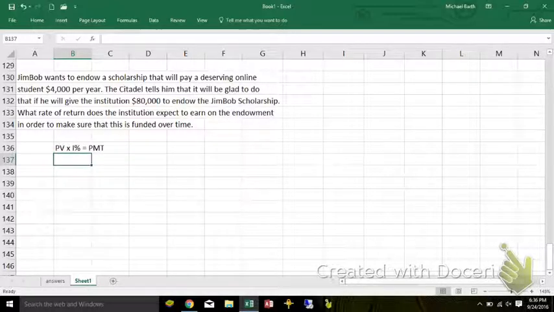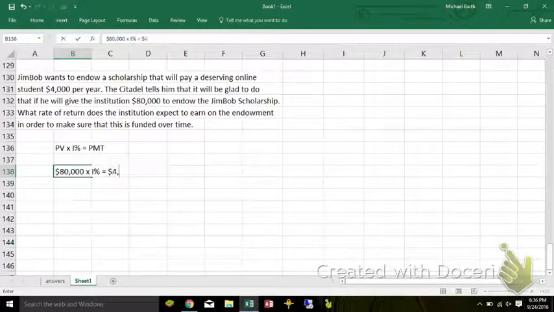So this is a perpetuity formula, and to figure out the rate of return here, we're saying that the institution is going to take the $80,000 times some interest rate and use that to guarantee payments of $4,000 a year. Okay, well that's pretty simple. If I divide both sides by 80,000, then the interest rate would be equal to $4,000 divided by $80,000.